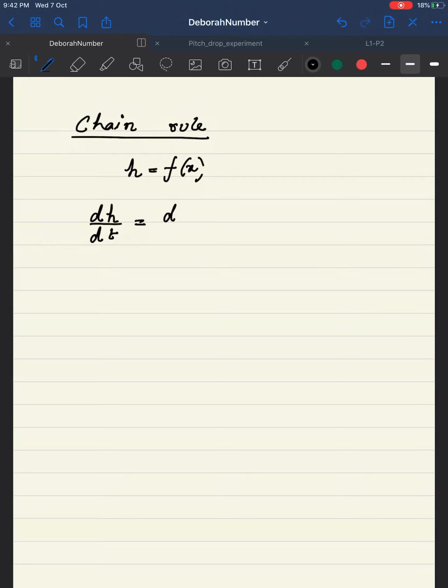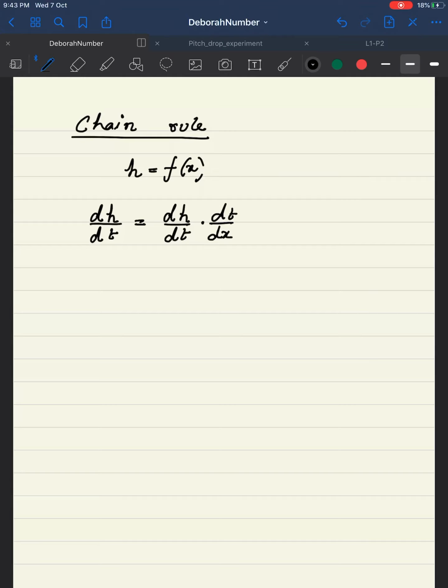It was simply dh by dt into dt by dx. Okay. So, it almost appears as if these two are cancelling, but that is not how this rule is arrived at, though it gives you the feeling that this is almost like a fraction.